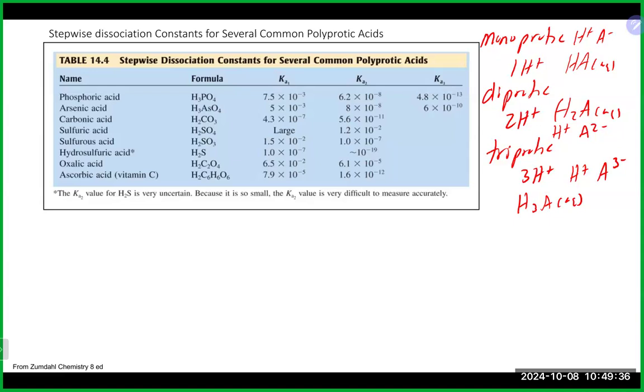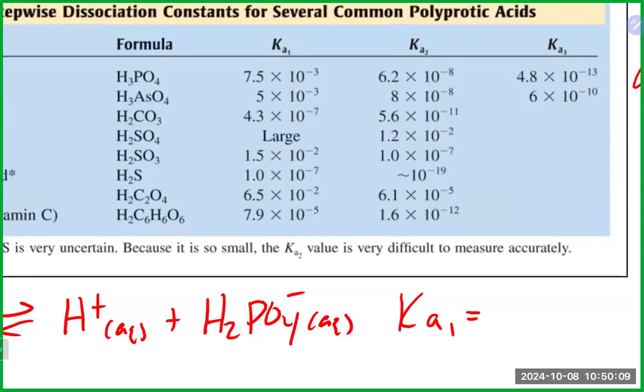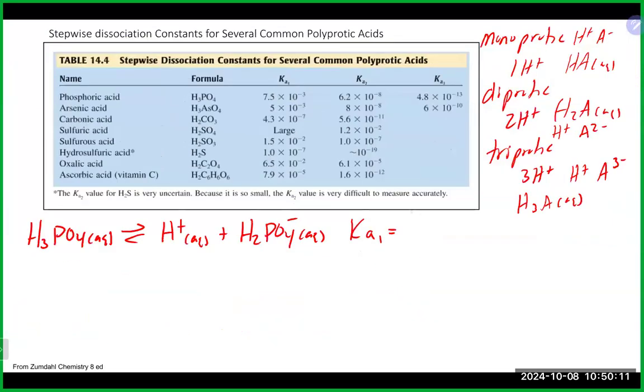So hydrogens come off basically one at a time. They do not just all drop off at once. If you had something like phosphoric acid, which is a weak acid, the very first thing that would occur is it would lose 1 hydrogen and make H2PO4 minus. There is a Ka value for that, known as the Ka1 value, as you can see on this table, and it's something like 7.5 times 10 to the -3.